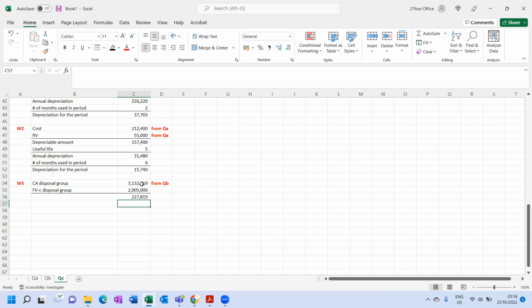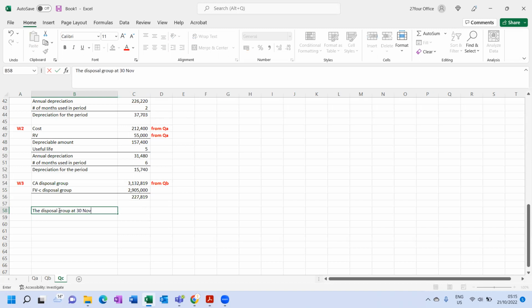So therefore, we would have a disposal group at 30th November. So the disposal group at 30 November is actually equal to 2905. Okay.